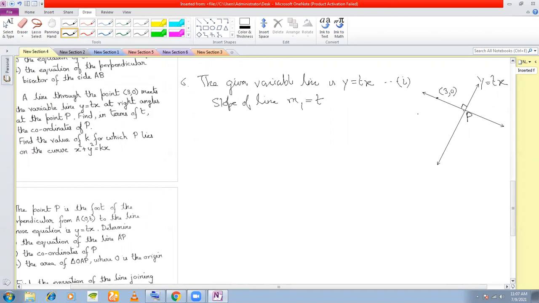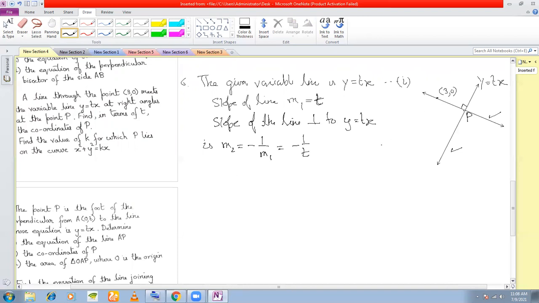First, in order to find the coordinates of P, we shall find the equation of the perpendicular line through (3, 0). The slope of the variable line y equal to tx is t. So what should be the slope of the line perpendicular to y equal to tx? It is M2, the negative reciprocal, minus 1 by t, right?